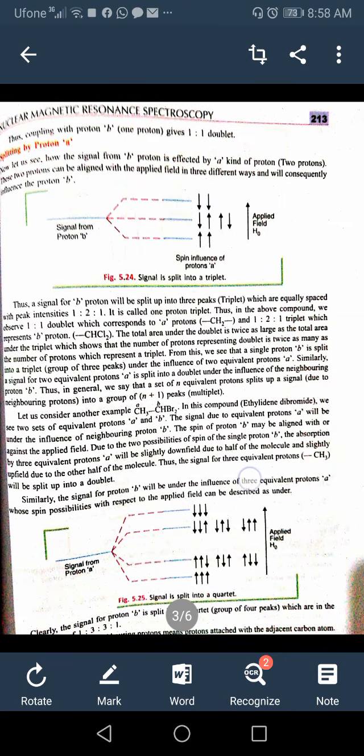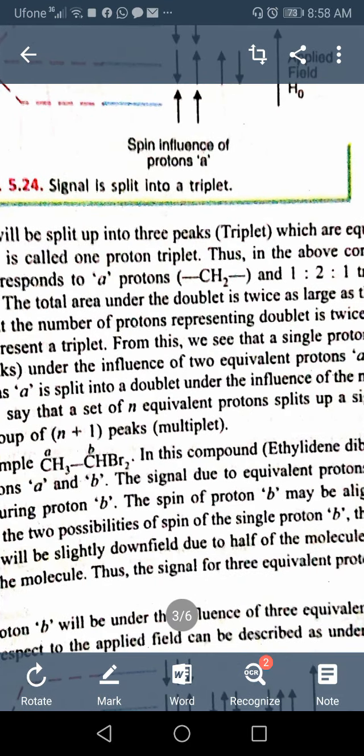Now we consider the B type of protons, that is the one proton of the CH. It will give one peak, and in how many lines will it be split?